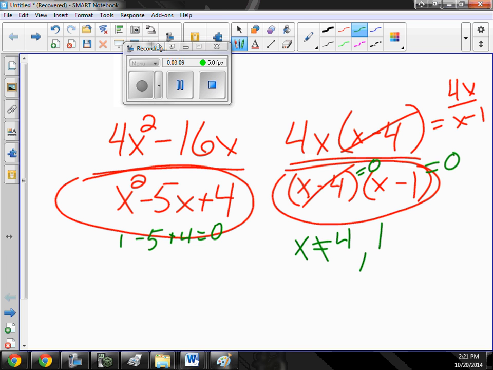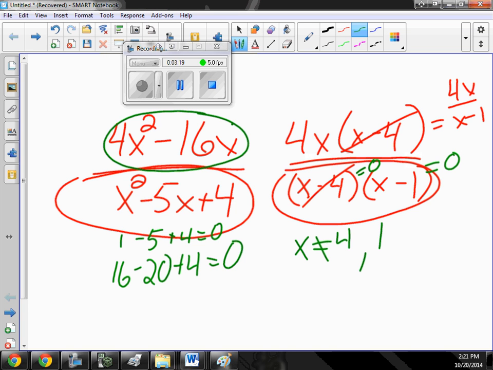It's actually infinity. If I plug in 4, 16 minus 20 plus 4 is also 0, and no matter what happens on top, anything divided by 0 is infinity. So these 2 numbers are not part of the domain. Those are 2 numbers that I plug in and I don't get an answer out.